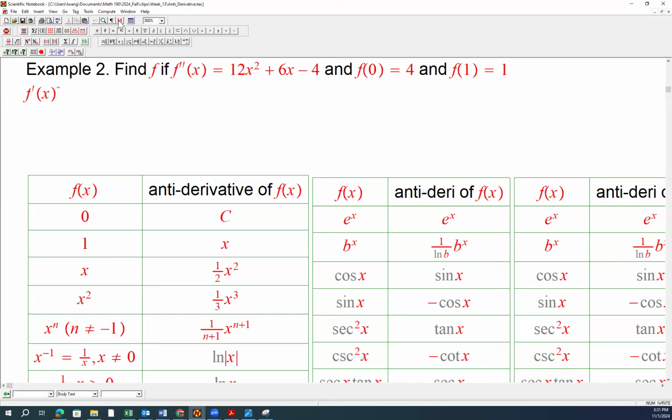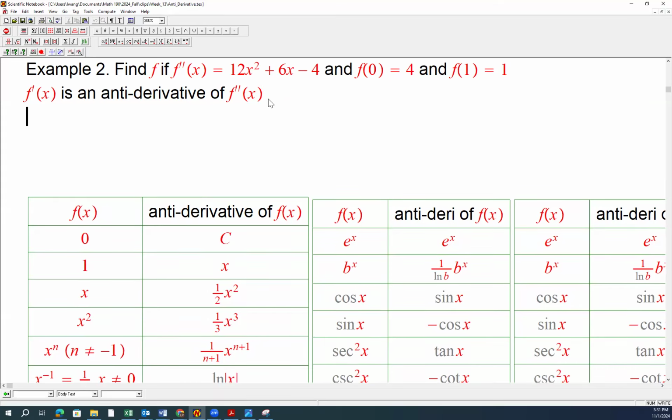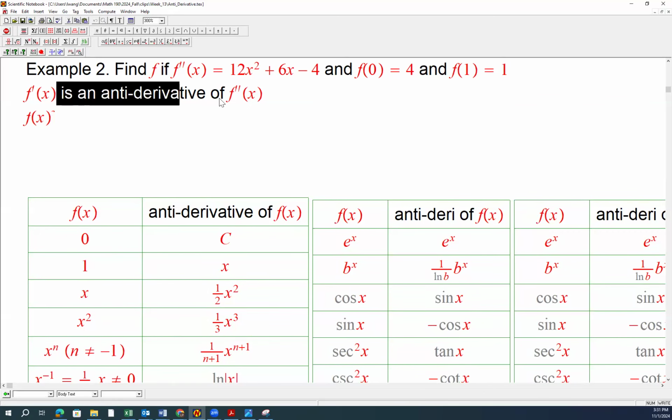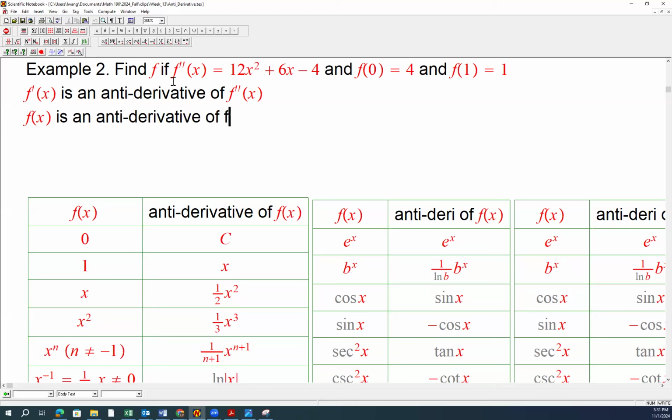Okay, so let me write it down. f prime is an antiderivative of f double prime. And f is an antiderivative of f prime.